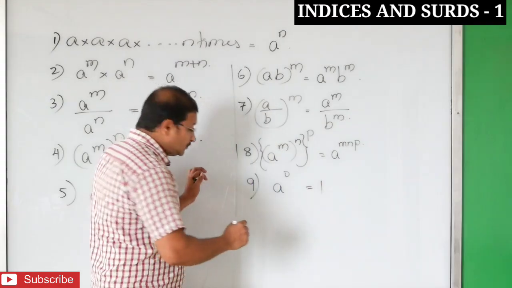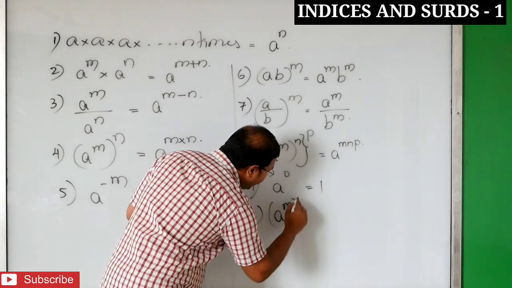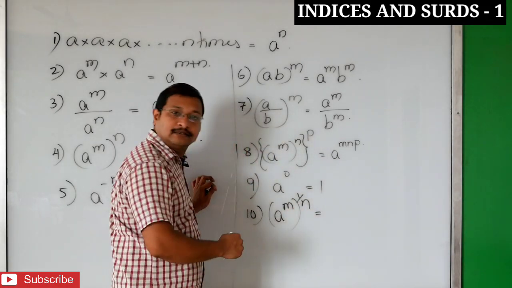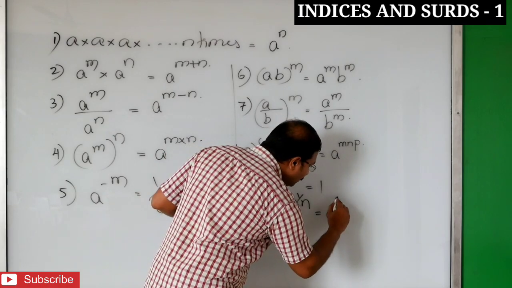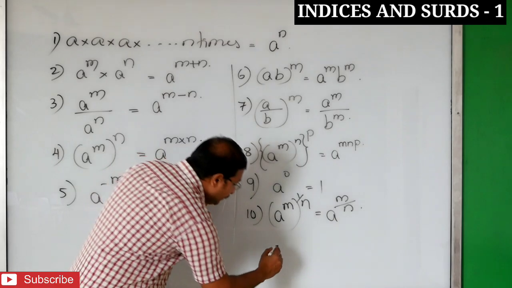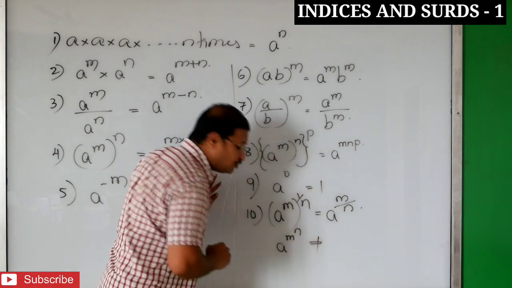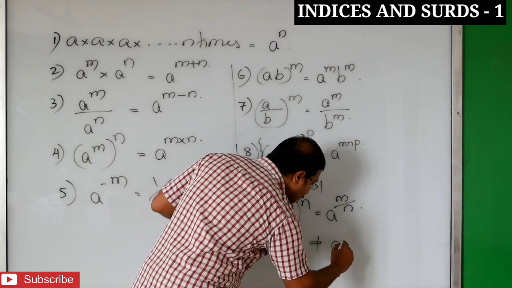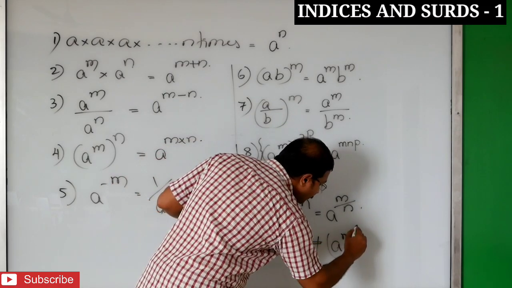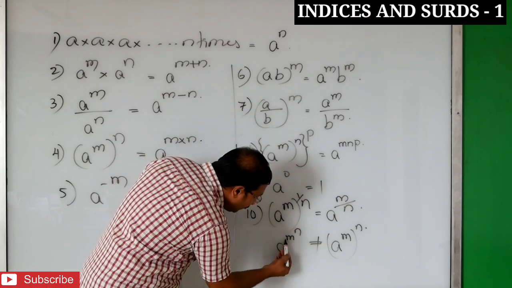Ready? Now 10: a raised to m, the whole raised to 1 by n, equals a raised to m by n. And careful, a raised to m raised to n is not equal to a raised to m the whole raised to n. This is not equal because this power is only for m.